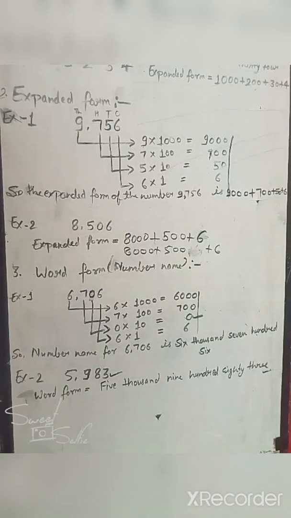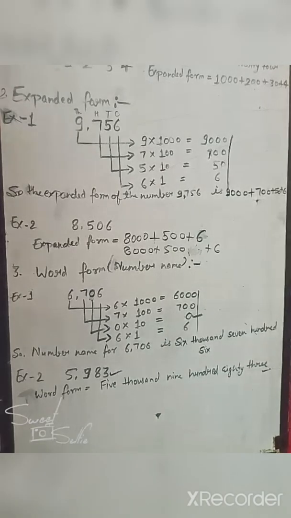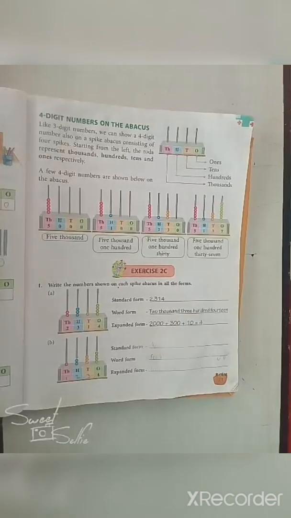Okay, I hope you have understood how we can write any number in the following three forms: standard form, expanded form, and word form. Now there are some questions that you have to solve. It is your homework. You have to solve exercise 2C.